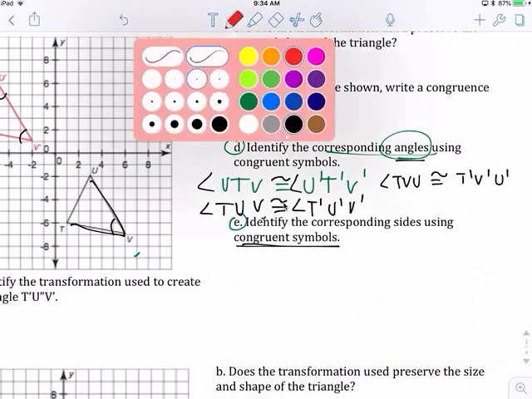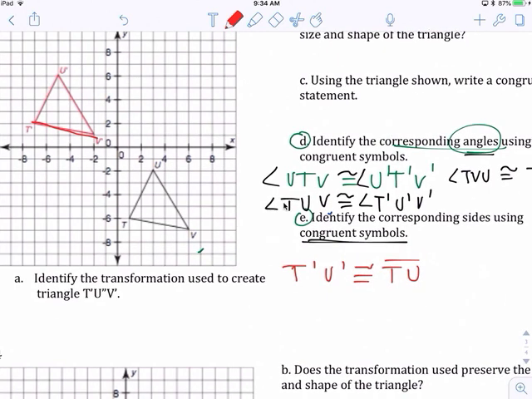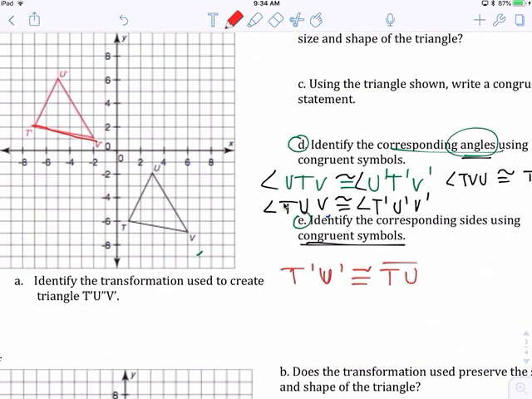Corresponding, identify corresponding side using congruent symbols. Okay. Corresponding sides. Okay. T to V, T prime, V prime is congruent to T to U prime. Oh, T to U. Ah, okay, we'll do this first then.